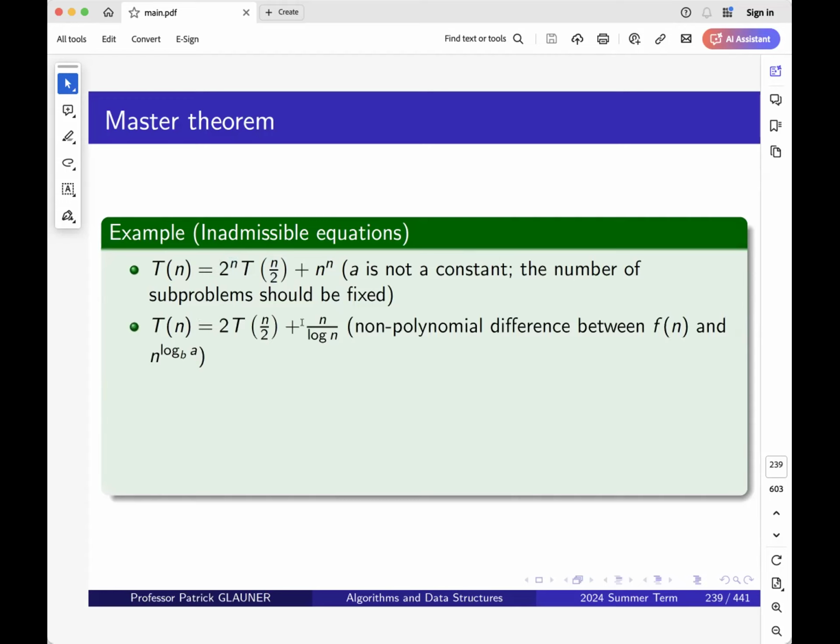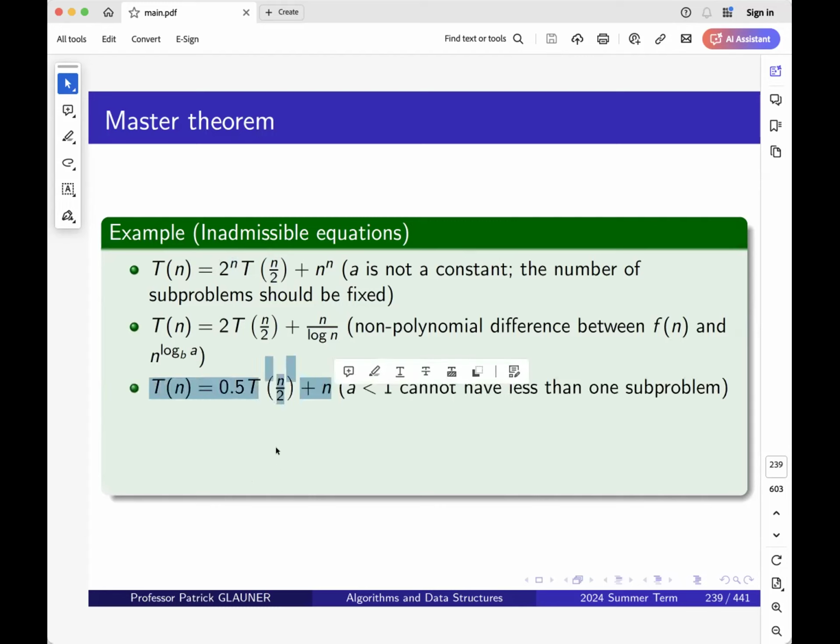This one here is also tricky because I have this part here at the end for f of n, and then actually I have a non-polynomial difference between f of n and n to the c critical. That's why such equations here don't work either. I could also imagine a recurrence relation like this.